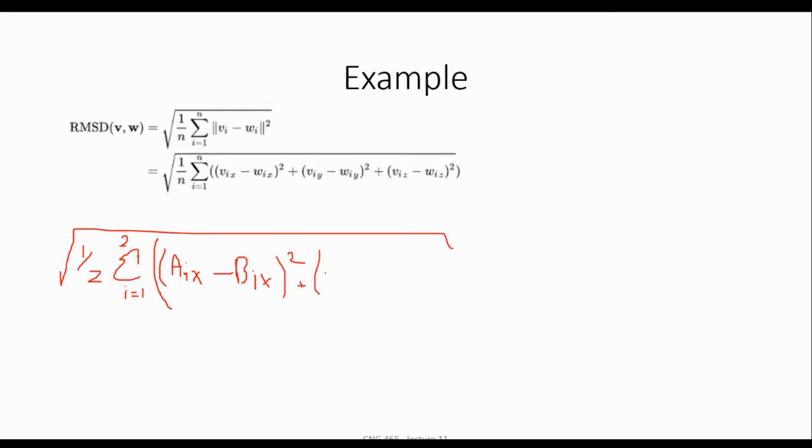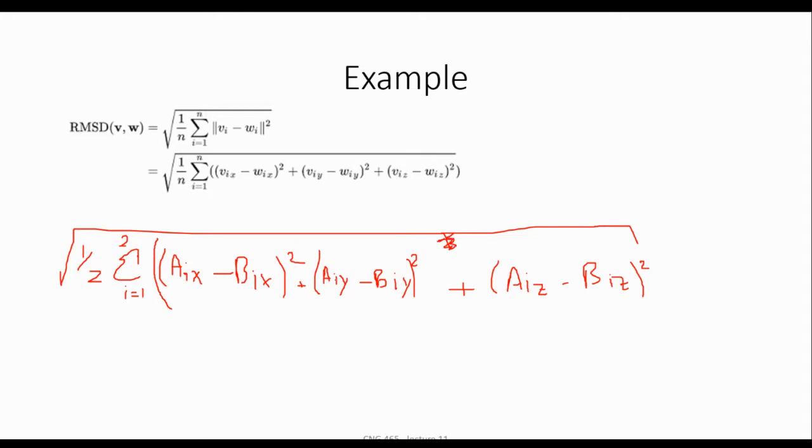Plus, then I write for the rest of them in terms of y and z. Minus B_i y, power 2. This one continues actually. Plus A_i z minus B_i z power 2. This is extra, you can erase that.